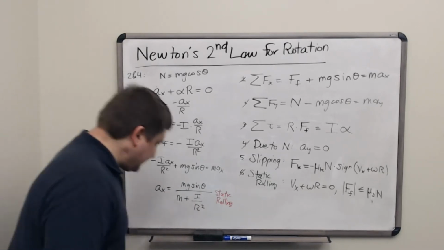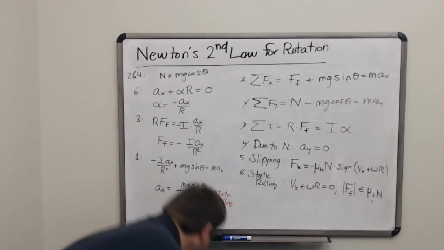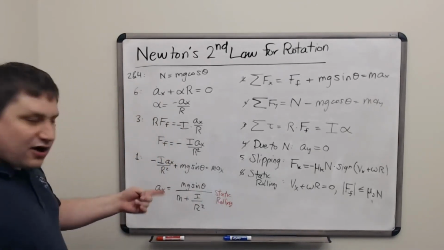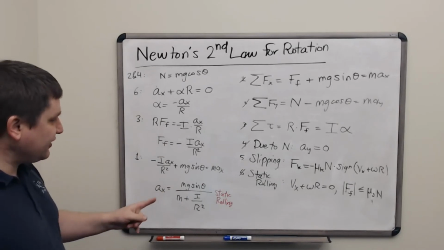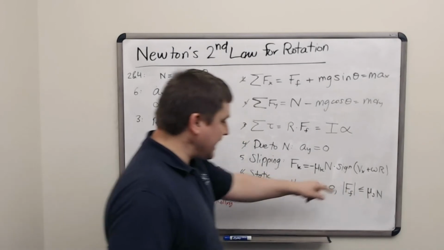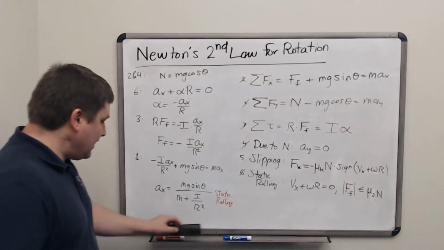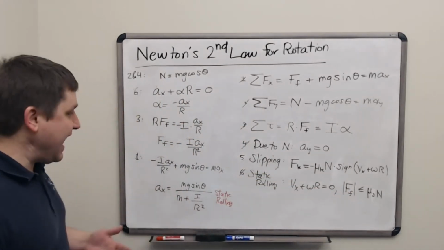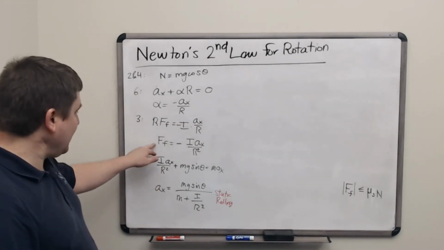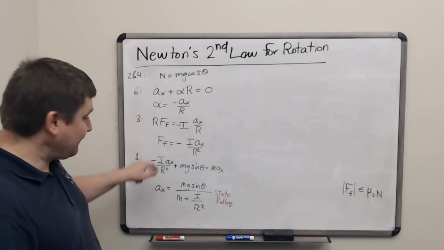Okay, so that's the prediction for the acceleration under the assumption of static rolling, but we're not quite done with the static rolling case just yet because we have to address whether or not the static friction force is above its maximum limit. So let's go back and solve explicitly for the force of friction required.